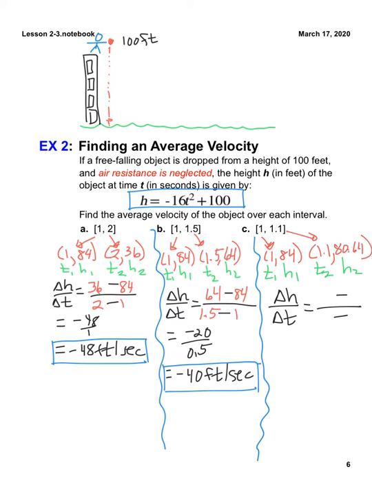All right, then our 80.64 goes first, and then 84, and then 1.1, and then 1. So we end up with negative 3.36 over 0.1, which is equal to negative 33.6 feet per second.